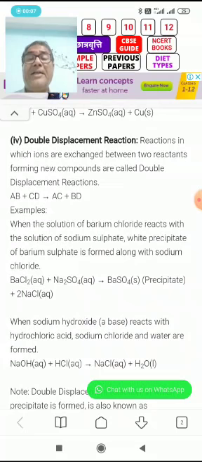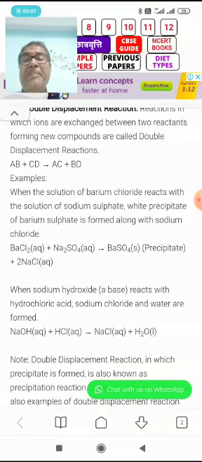Another example of double displacement: all neutralization reactions and all precipitation reactions are examples of double displacement reaction.